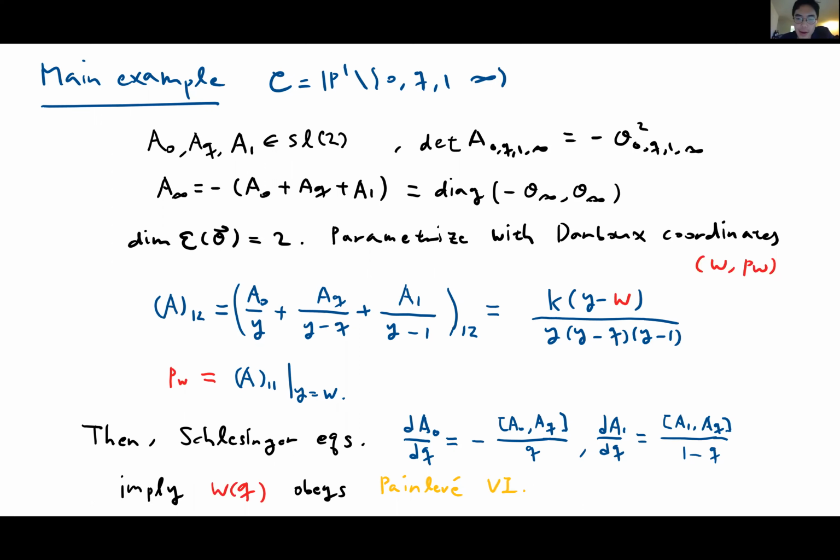And I can make it into a second-order differential equation for W. And that differential equation is Painlevé 6. This is a complicated computation, but it can be done in Mathematica, and it's Painlevé 6. So this is how Painlevé 6 arises in studying the isomonodromic problem of Fuchsian systems.